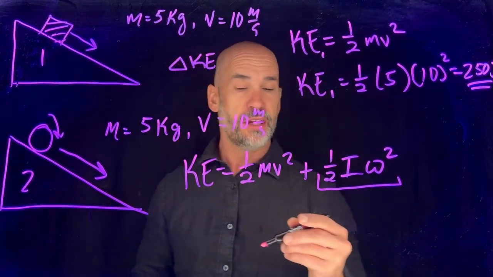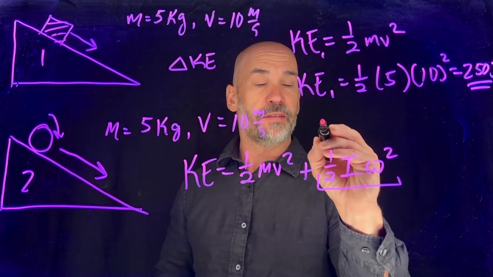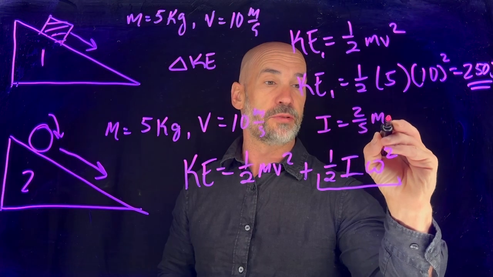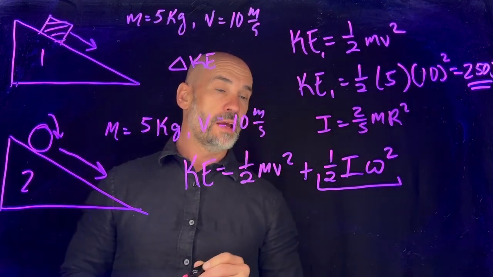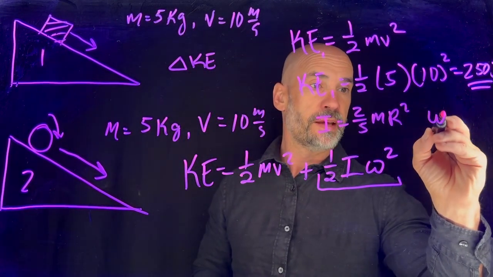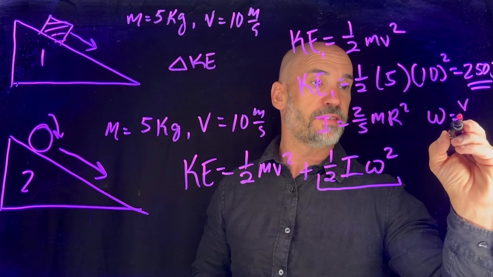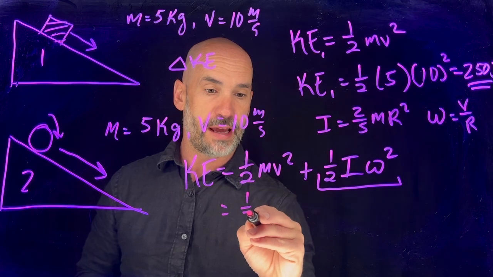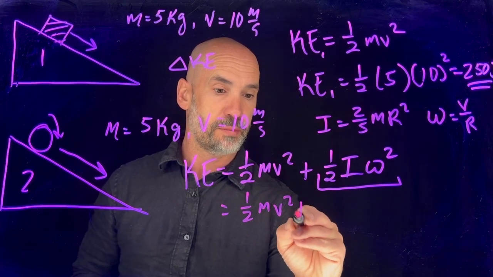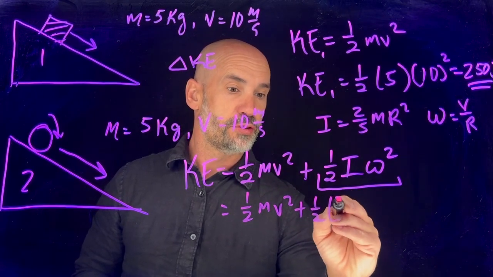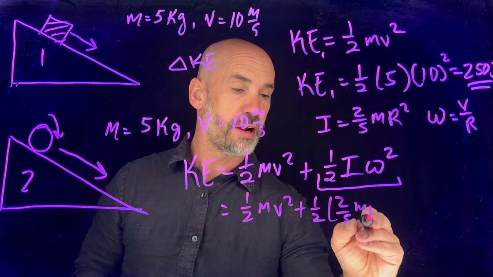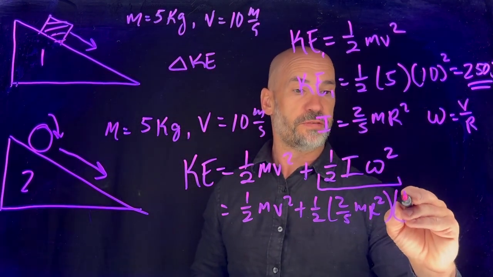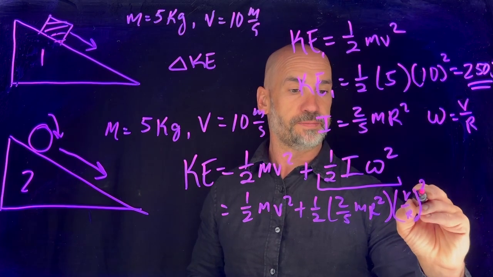Okay, first things first, we know that for a sphere, I is equal to 2/5 times the mass of the object times the radius of the object squared. And we also know that omega is equal to the velocity of an object divided by r. Okay, so let's sub that in. We have 1/2 mv squared plus 1/2 times 2/5 mr squared times omega squared, which is v over r squared.